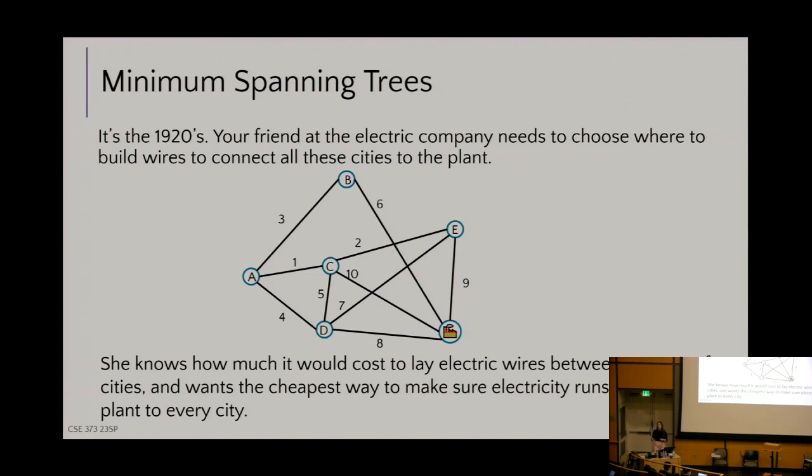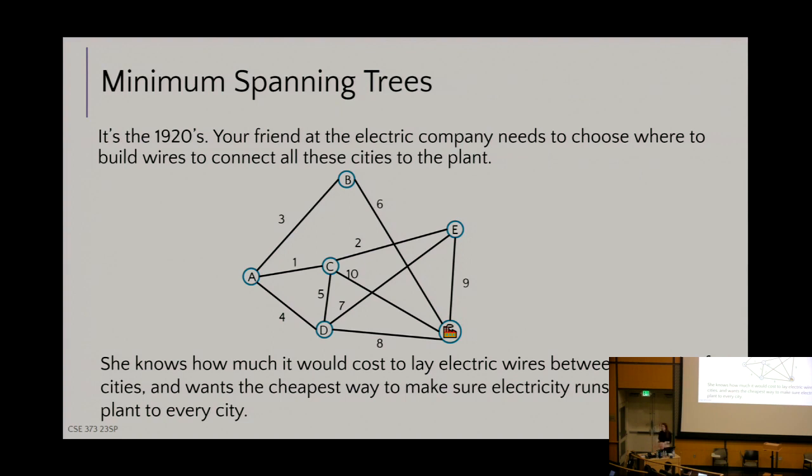So our goal is not necessarily a specific path from one vertex to the other, but rather how do we build connectivity across all of the different things that need to get added to the electrical grid. We know it's costly to build the wires and dig underground and do all that stuff, so we want to find the cheapest way to make sure that every city is somehow connected to the electrical plant.